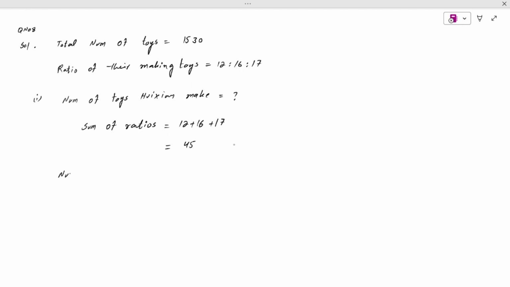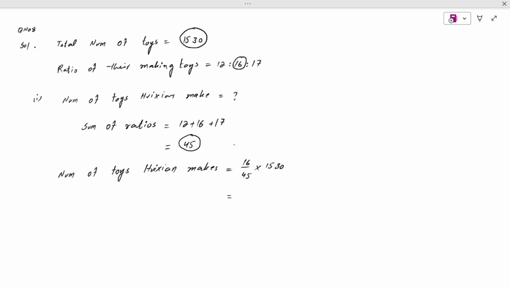Number of toys Hugsian makes is equal to 16 divided by 45 times 1530. We divide the ratio of Hugsian, which is 16, by the sum of ratios, which is 45, and multiply this fraction by the total number of toys, that is 1530, to get the number of toys Hugsian makes.